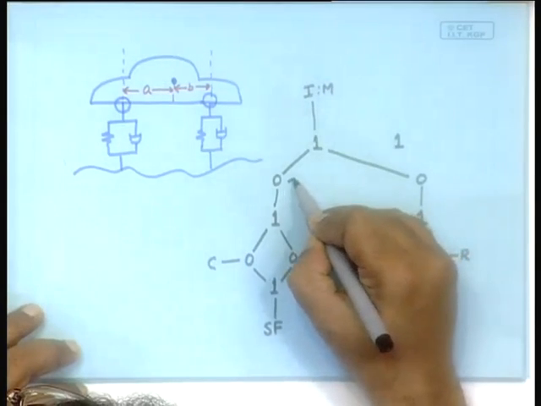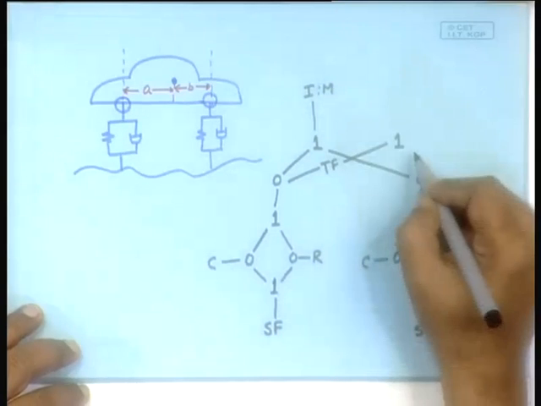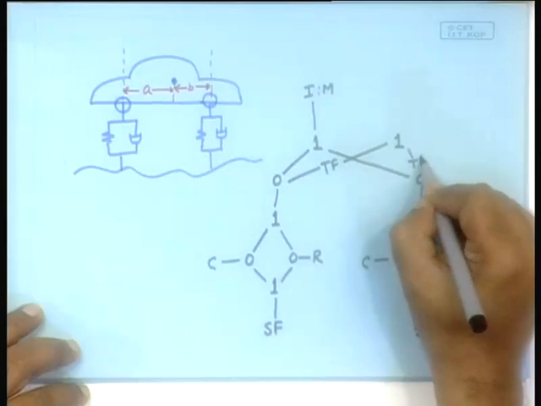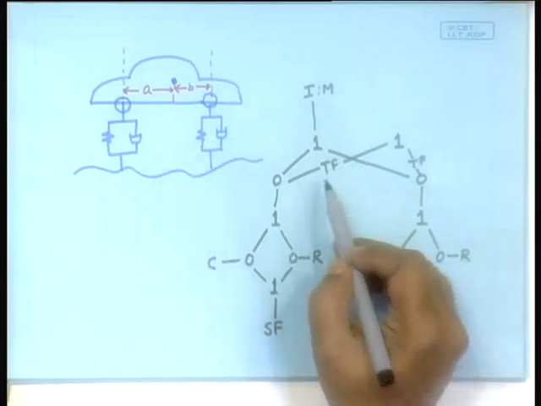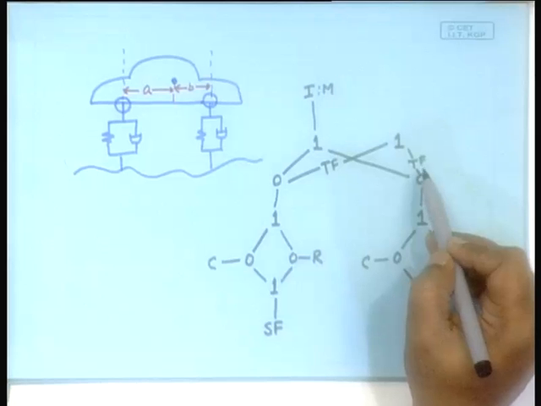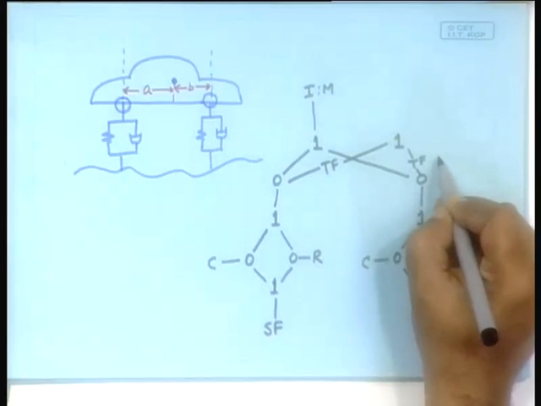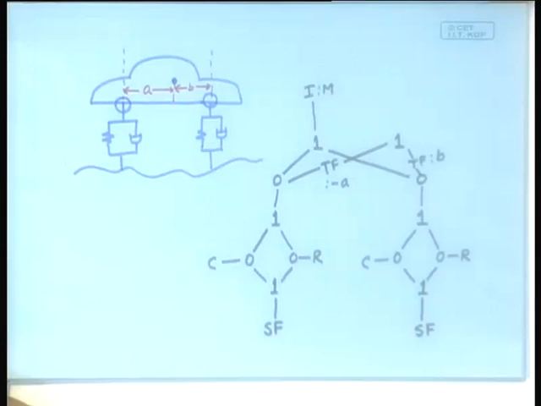So, it will be a transformer connected to this, here also there will be a transformer connected to this, and the transformer ratios will be B and minus A. So, this side will be B and this side will be minus A. Okay.